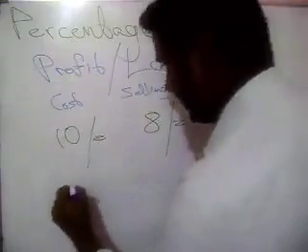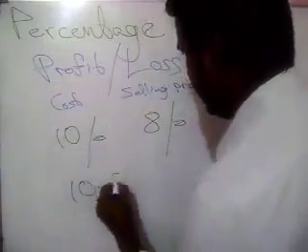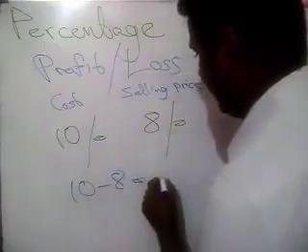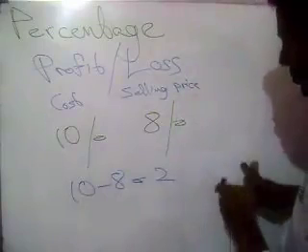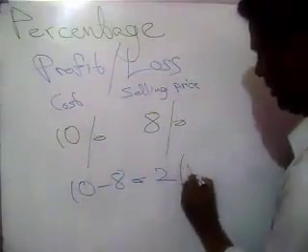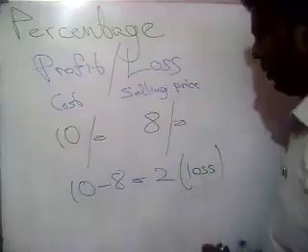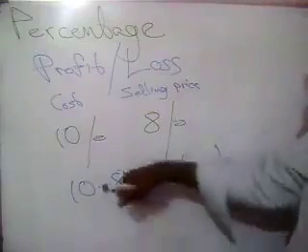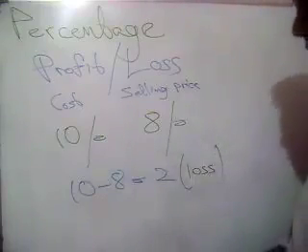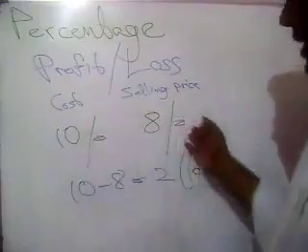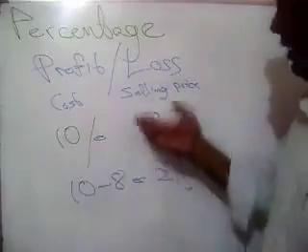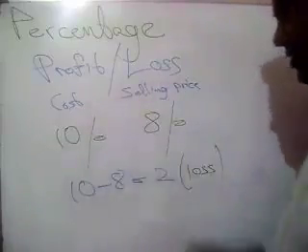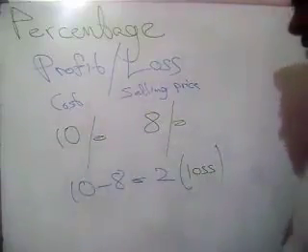So you take your cost minus your selling price. So here actually it's a loss. You incurred a loss of 2 rupees in this transaction. So normally if the selling price is greater than the cost, you make a profit. If the selling price is less than your cost, you make a loss.